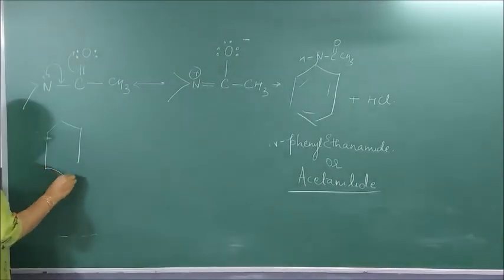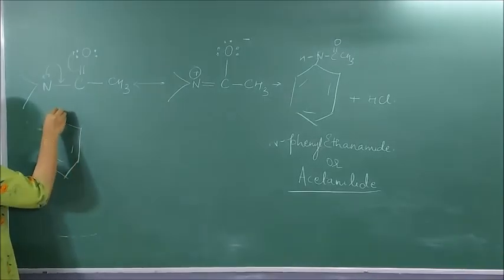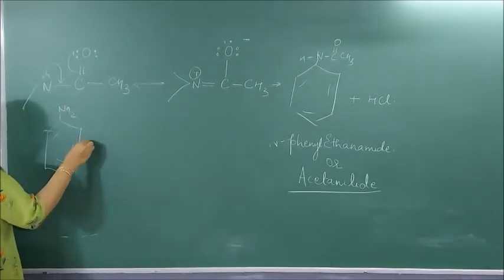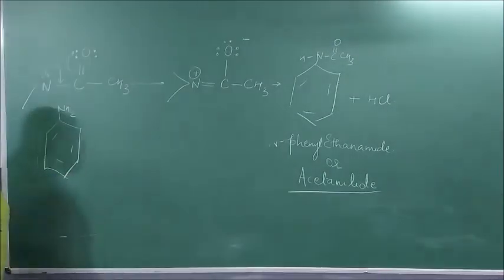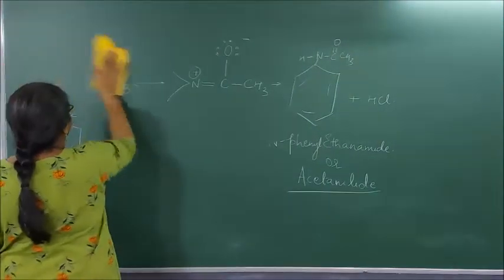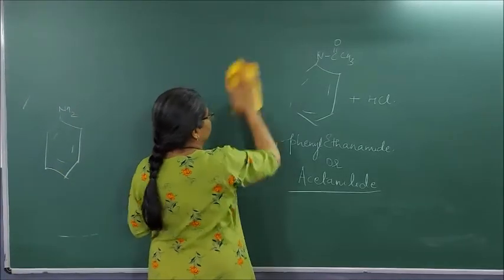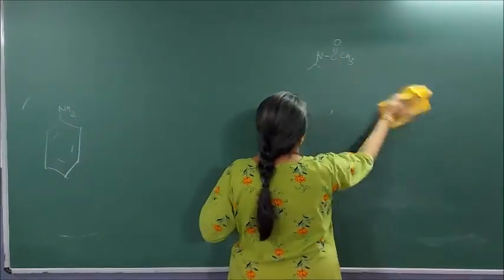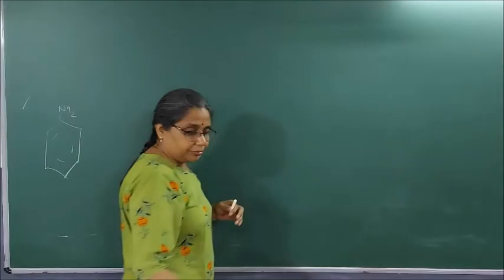Aniline, then it is nitrated. Aniline nitration is always done in the presence of what? Nitrating mixture. What is nitrating mixture? Concentrated HNO3 and concentrated H2SO4.